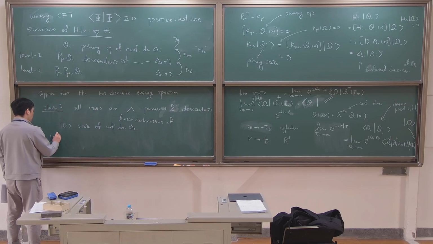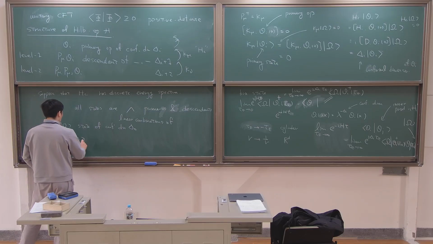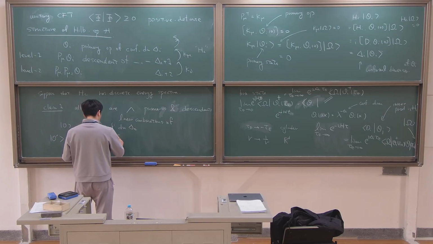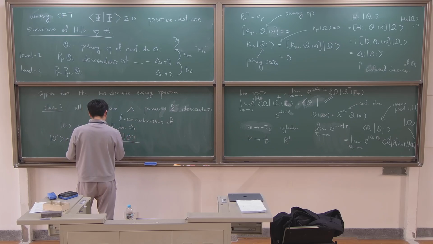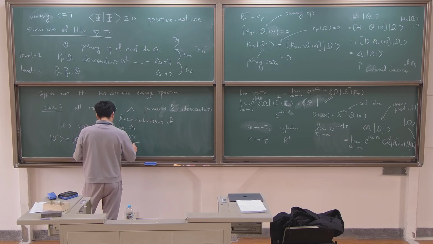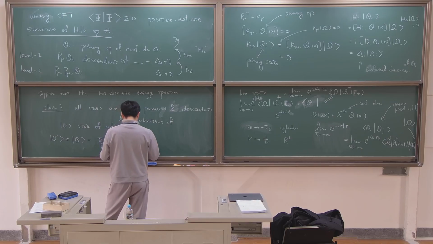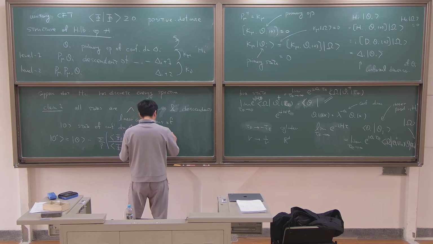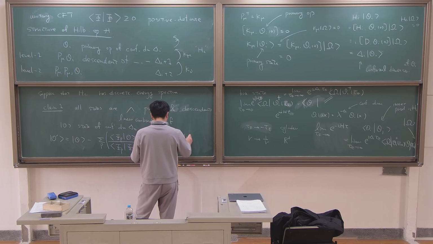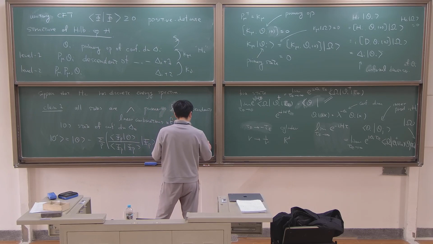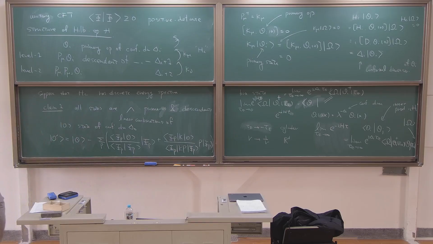Then one can create a state O prime, such that O prime is O minus the sum over primary states psi_p and their descendants, where P acts on psi. Let's consider such a state.